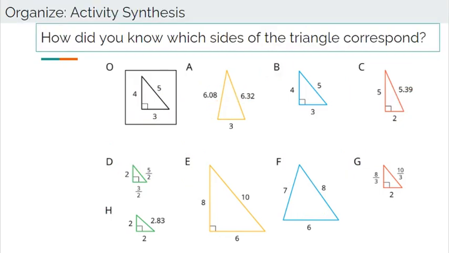So how do we know that the ones that we found were the same? In other words, how do we know that they corresponded? Well, we had to look at the same parts of the shapes, right? So we had to look at our height and compare the height.